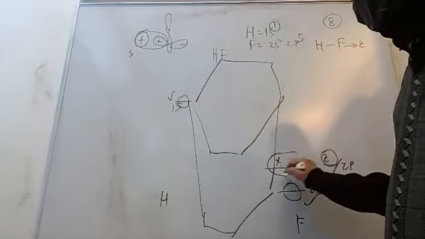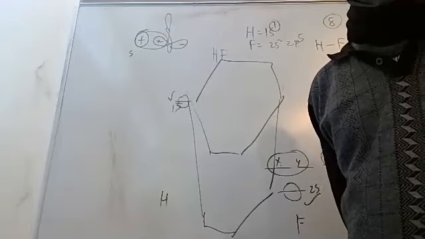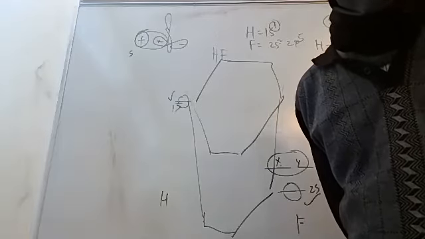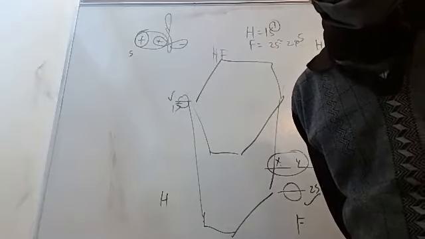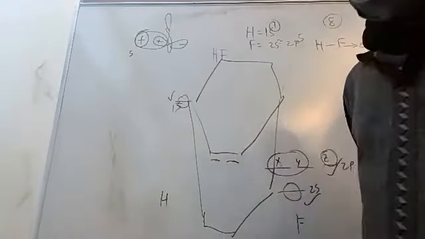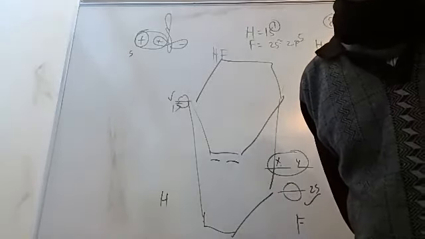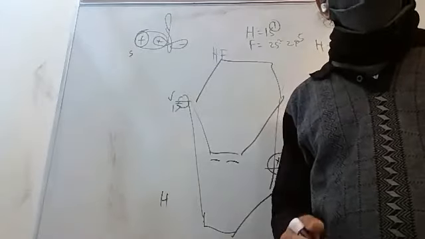Now, what happens to X and Y? X and Y do not have any compatibility, correct? So for that reason, they remain as what we call non-bonding orbitals. We are now bringing in a new term.